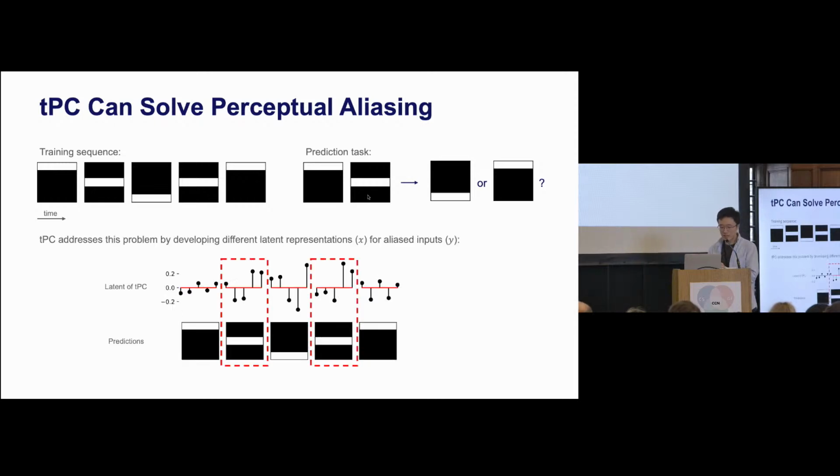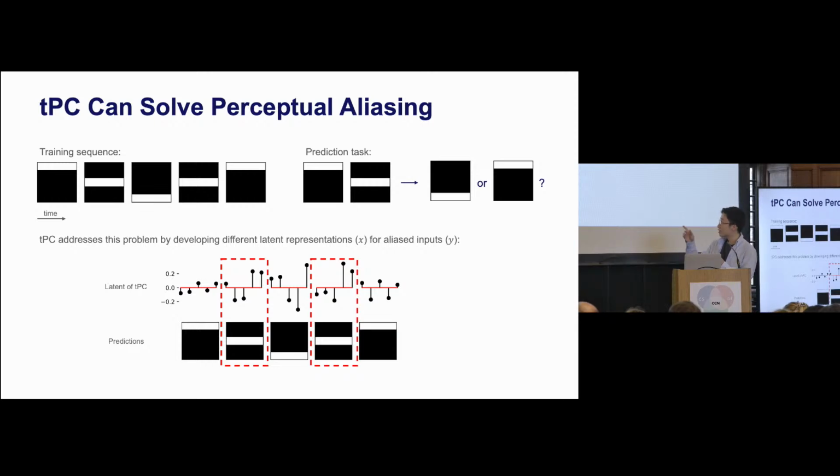So what we found is that this temporal predictive coding can solve this problem and predict the next frame quite well after the second and fourth frames by developing different latent representations of them. So in this figure, the top row is the latent activities of the value neurons in a temporal predictive coding model, where we simulated 5 neurons because those are quite small stimuli.